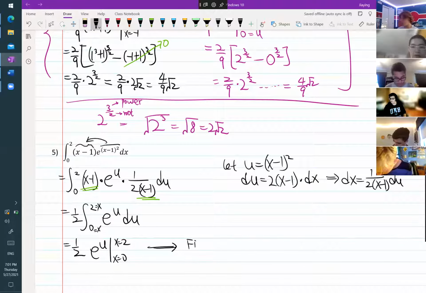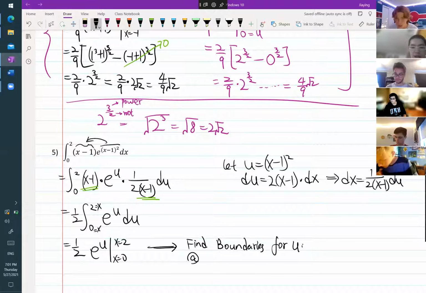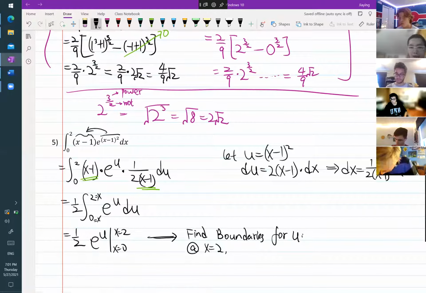So here we're going to find boundaries for u. At x equals 2, we had u equals (x minus 1) squared, so that's (2 minus 1) squared, which is 1.